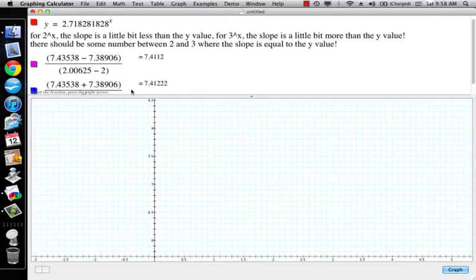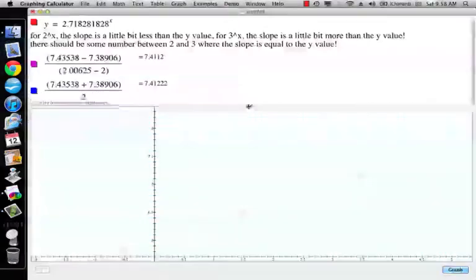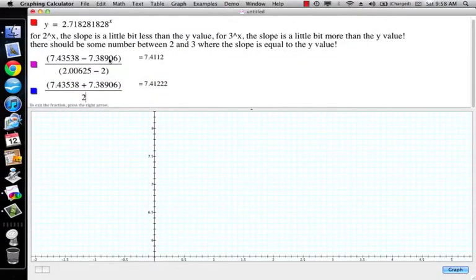So there's my average. The average y value between y1 and y2 is 7.412. And my average slope of that line in that area is 7.4122.